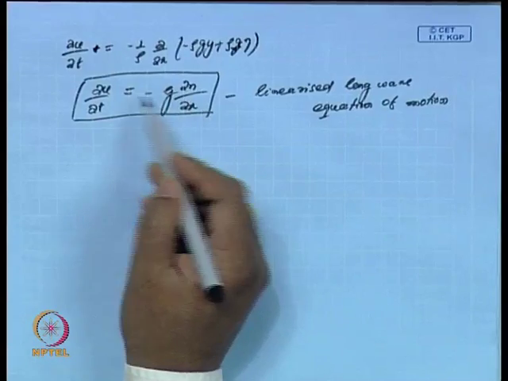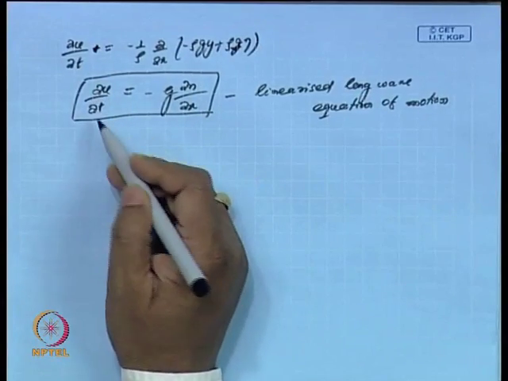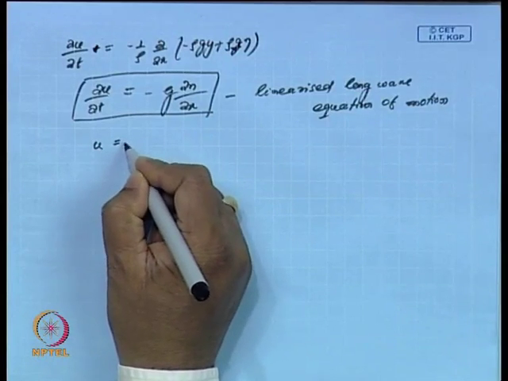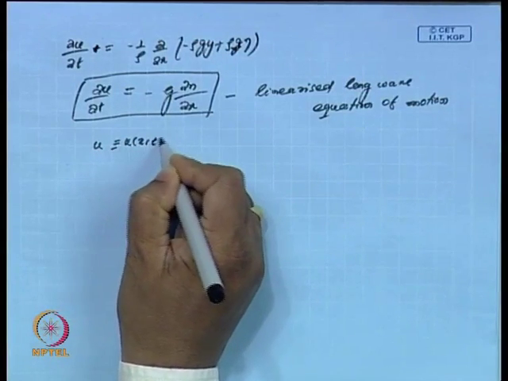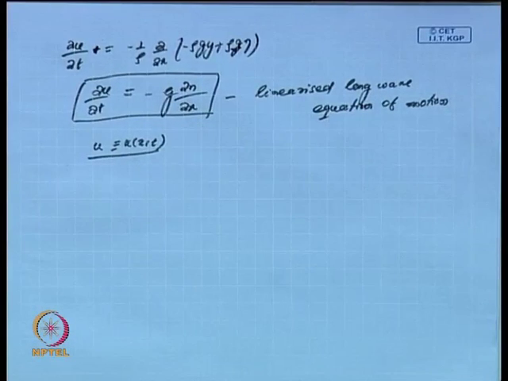If eta is a function of x and t, then del u by del t, the right side, is a function of x and t. So, that means del u by del t is a function of x and t. So, I can say u is equal to u of x t. That means the horizontal component of velocity depends only on the x and t variables.